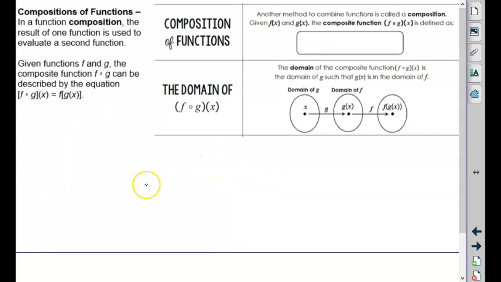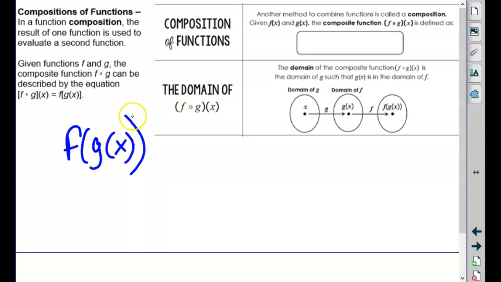Composition of functions is when you put one inside the other, okay? In the composition of functions, the result of one function is used to evaluate a second function, and you read it inside out. I don't know if you've seen it this way before, but this means put g into f.